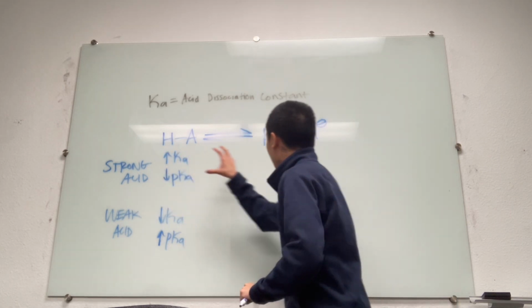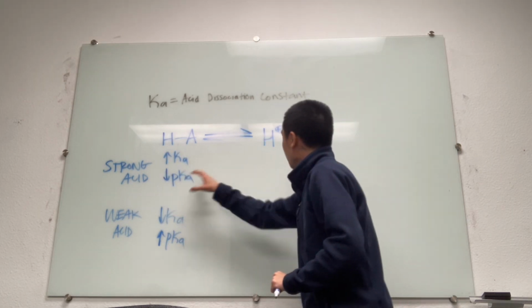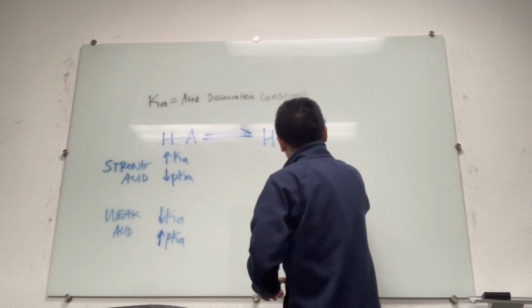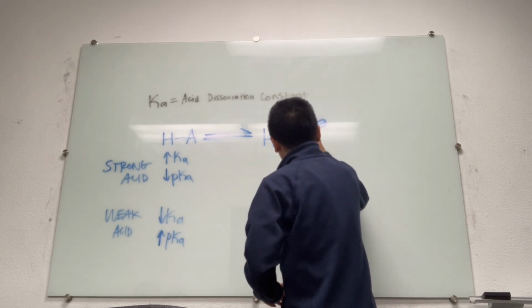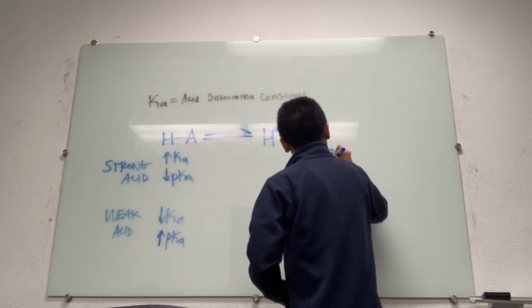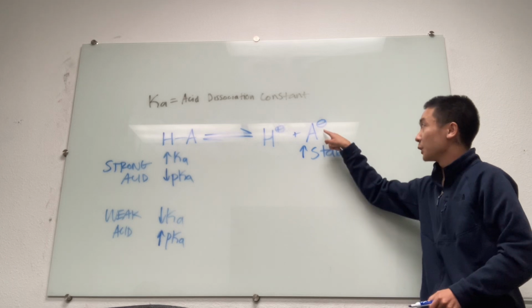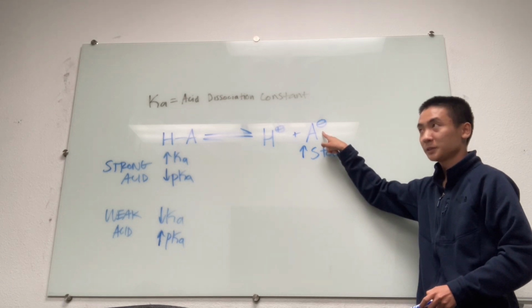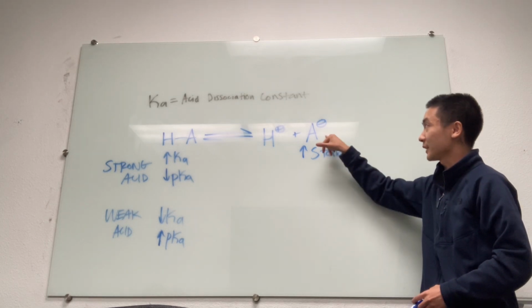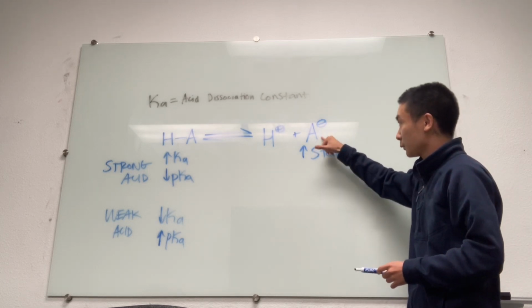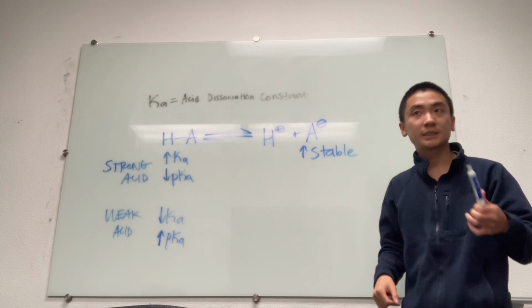So if we had a strong acid right here, the conjugate base is going to be more stable. Right? Meaning that this conjugate base right here can hold onto this negative charge better. Like it's going to be stable with that negative charge. And there's different factors that allow for this negative charge to be stable, like electronegativity.